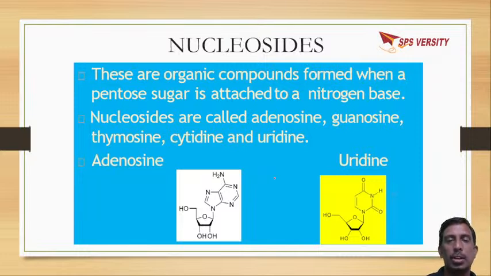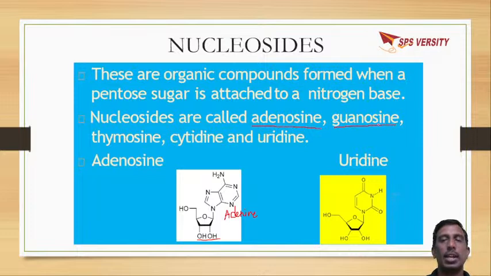So these nitrogen bases condense with pentose sugar to form nucleosides. Okay. That is, when adenine combines with the pentose sugar, it is adenosine. Here you can see in this picture, this is adenine, and this adenine is attached to a pentose sugar, which is called adenosine.